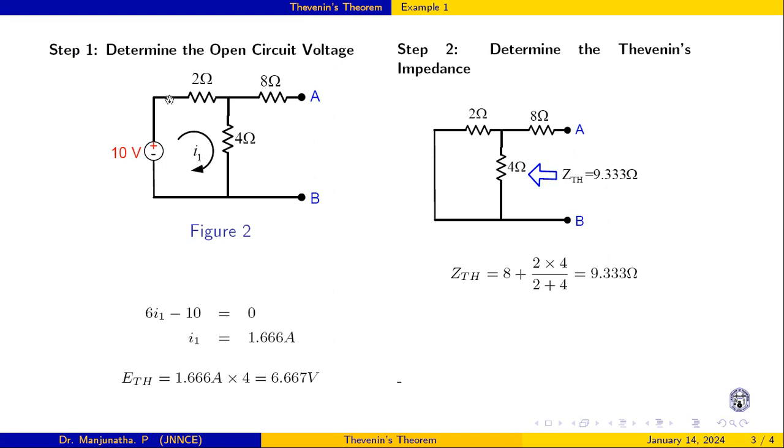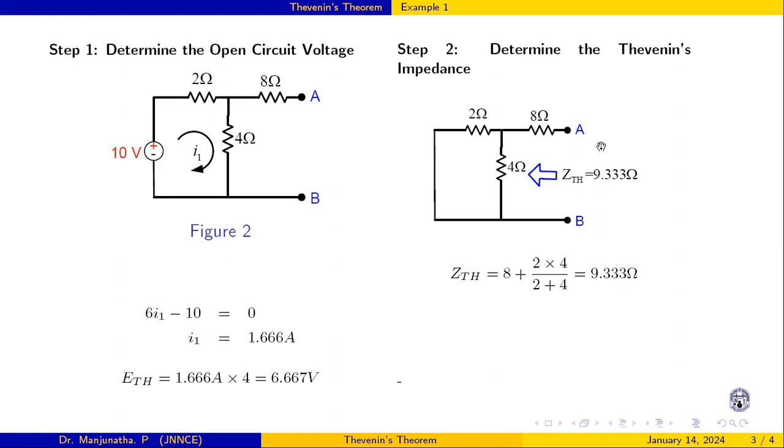Call the current flowing in this loop I1: 6I1 minus 10 volts is equal to 0, or I1 is equal to 1.66 ampere. Once we determine this current, the drop across this 4 ohm is current times resistance, that is 6.66 volts.